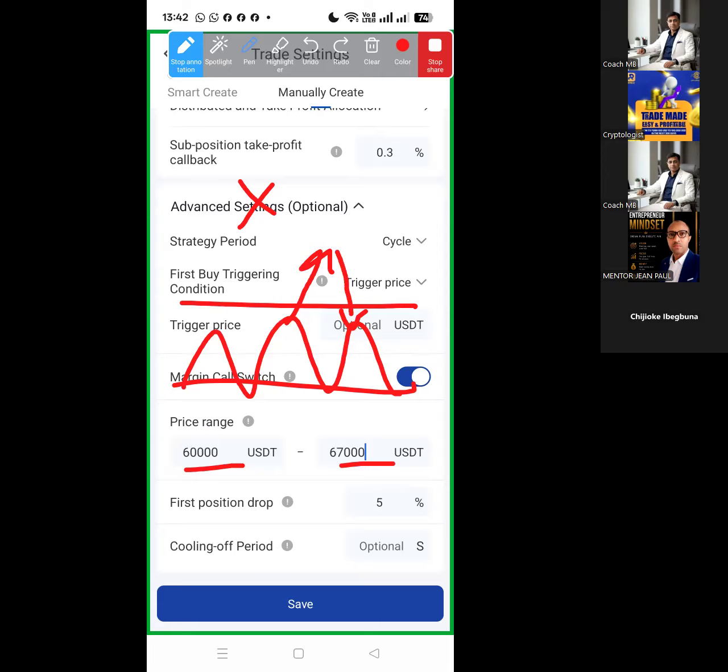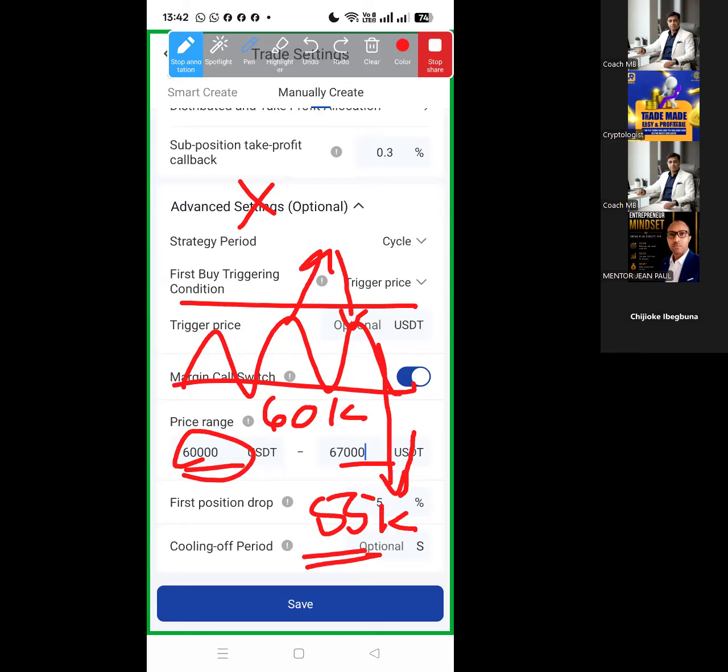In the same way, suppose the lowest price you want is $60,000, and suddenly it goes down to $55,000. It will not buy there. It will wait for the market to come back into this range, and then it will buy for you.